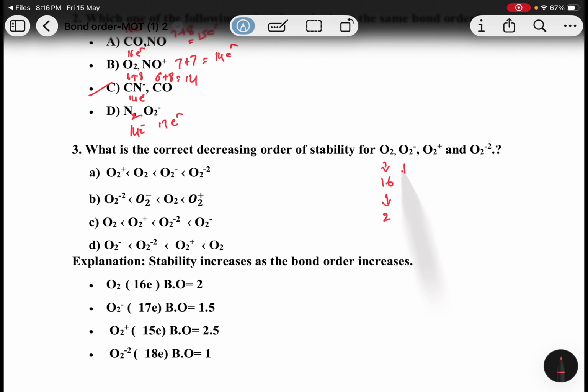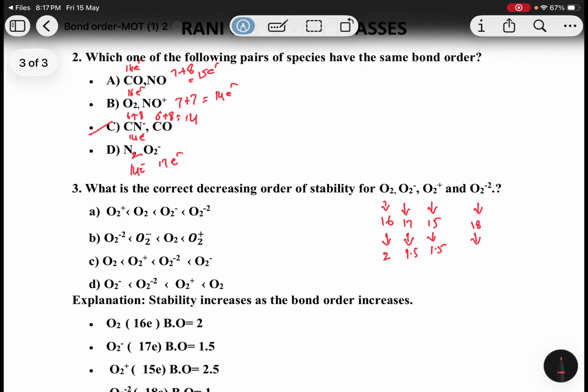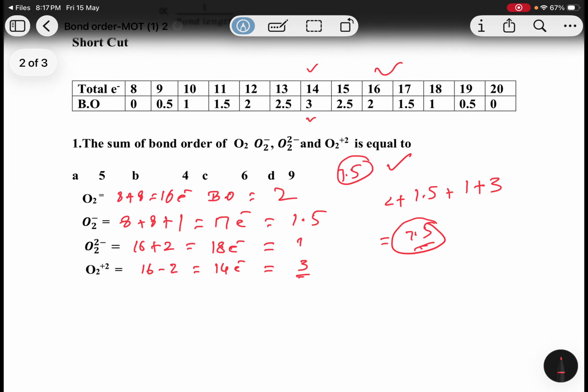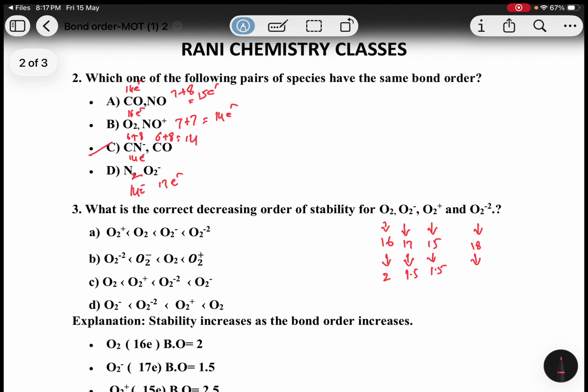O2 minus means 17 electrons, so bond order is 1.5. O2 plus means 16 minus 1, so 15 electrons. O2 2 minus means 16 plus 2, 18 electrons. 18 electrons means in the table bond order is 1.